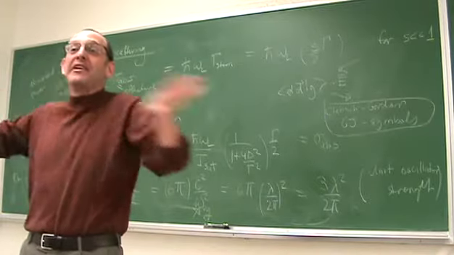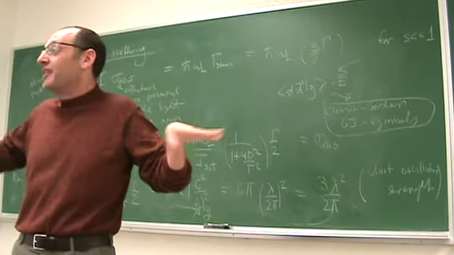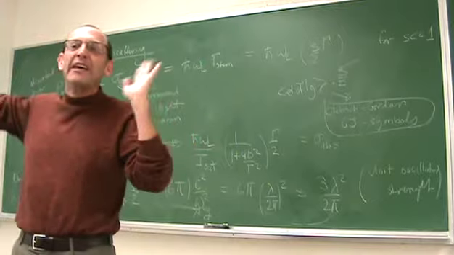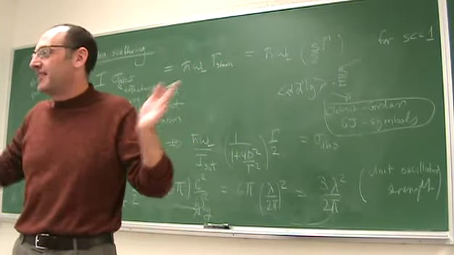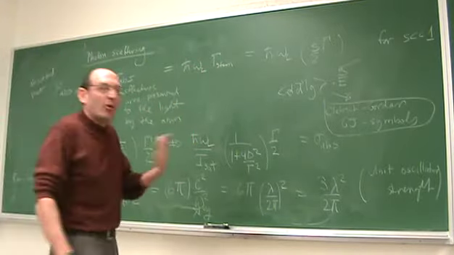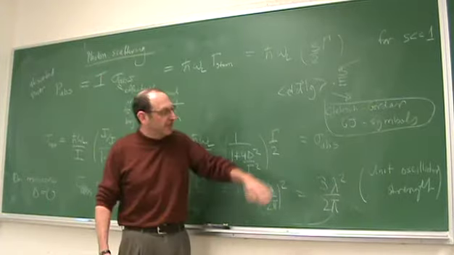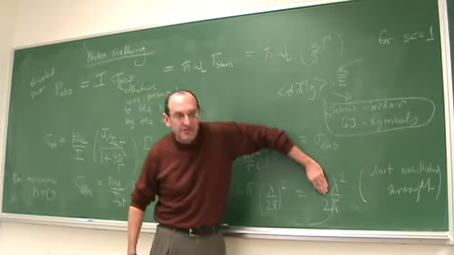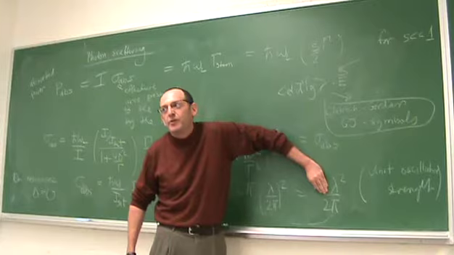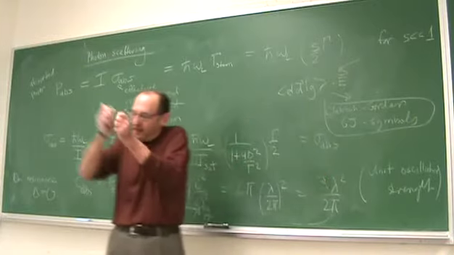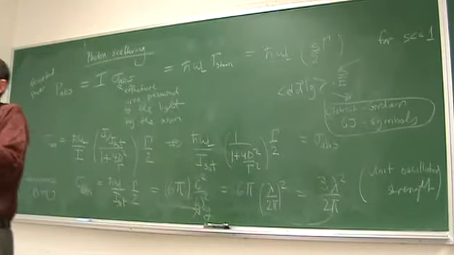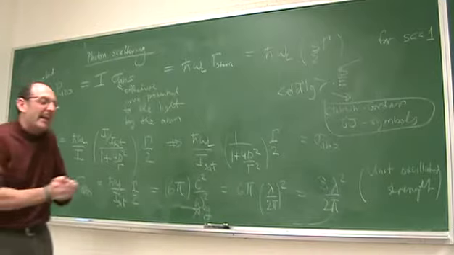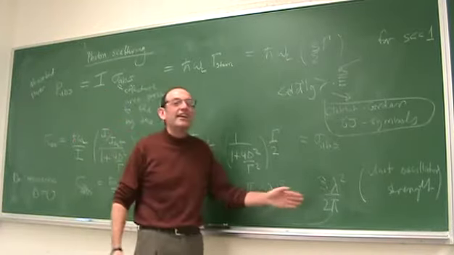If I had a mixture of all the magnetic sublevels, then it's going to absorb all the polarizations equally, and only 1/3 absorbs any one polarization. So in an unpolarized circumstance, you'll often see this written. But if I have a definite transition with a definite polarization, and I take the oscillator strength to be 1, then this is it.